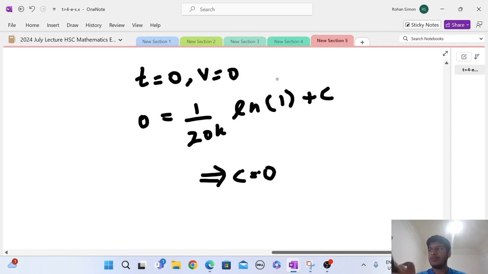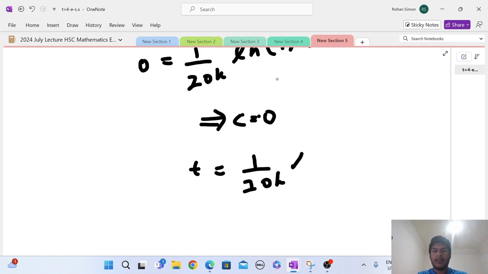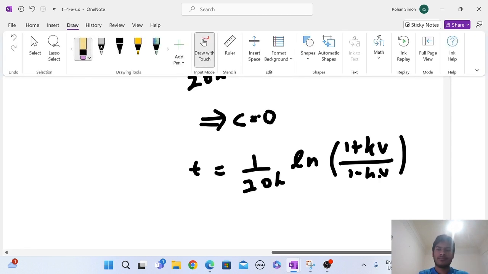And therefore our expression becomes t equals 1 on 20k ln((1 plus kv)/(1 minus kv)). Right?